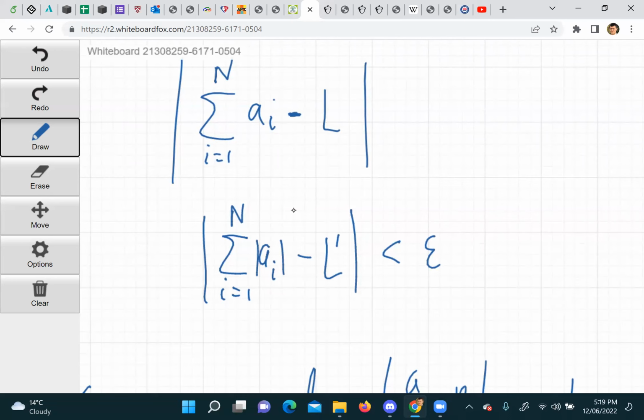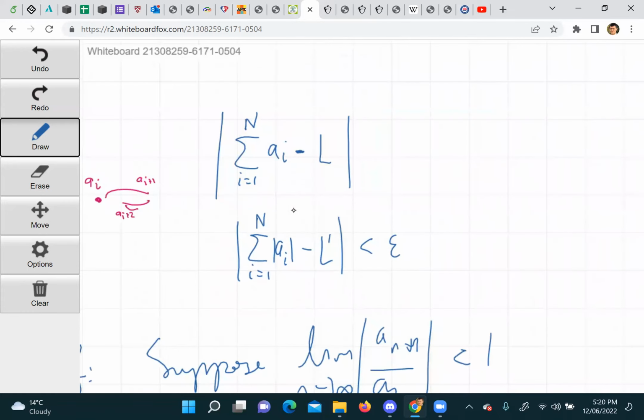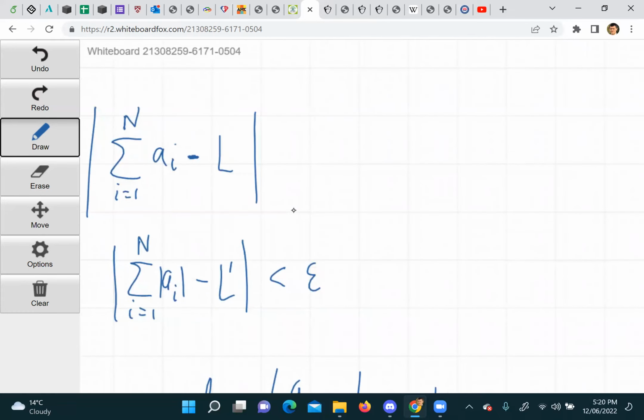Actually, another way of saying it is if this is convergent, you also have... Actually, I need to use this for later anyway.